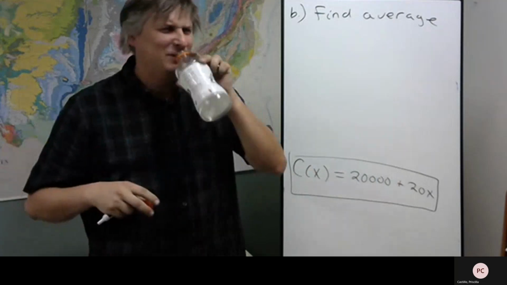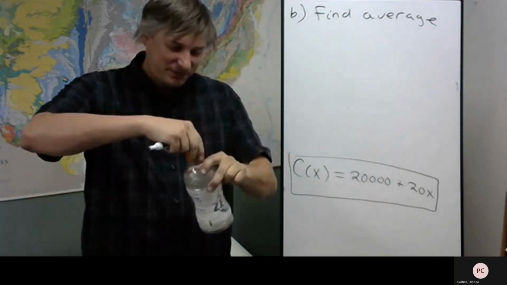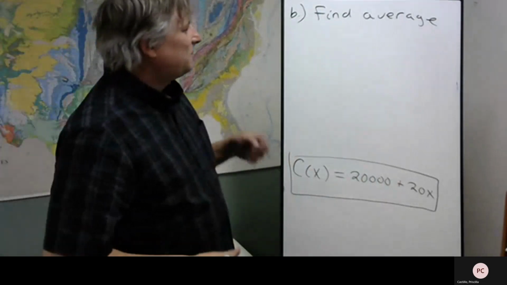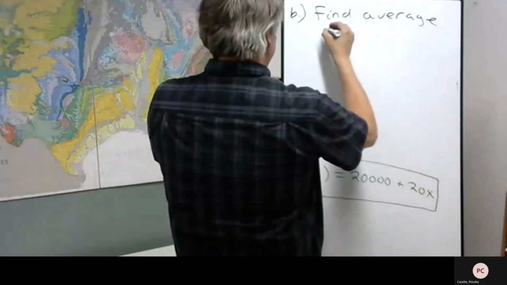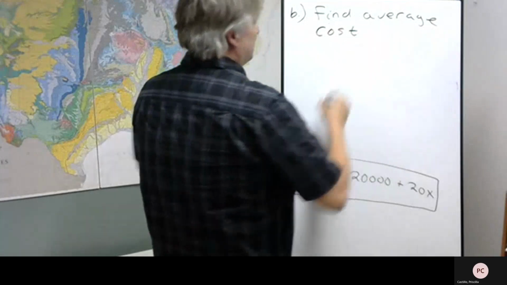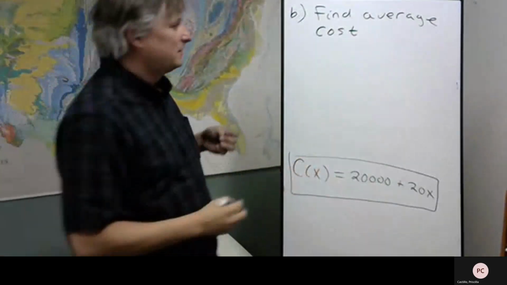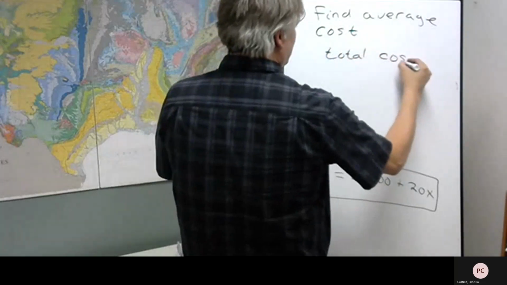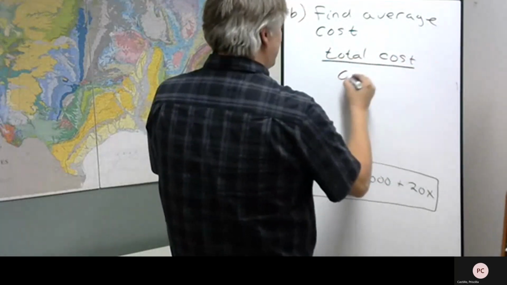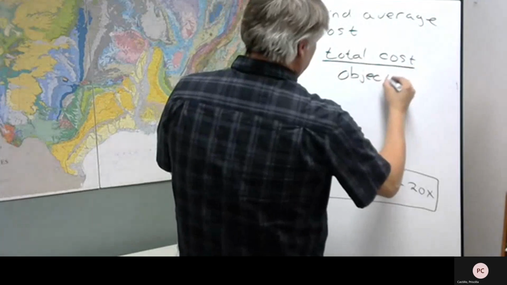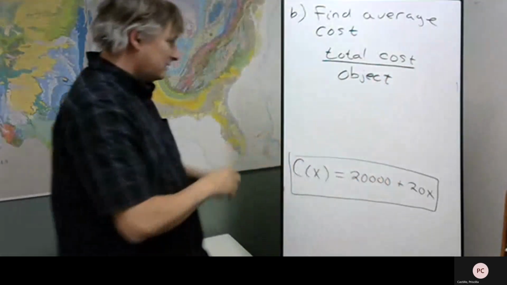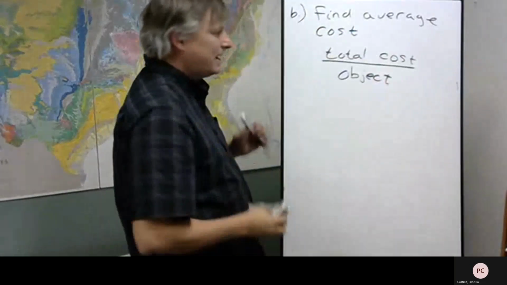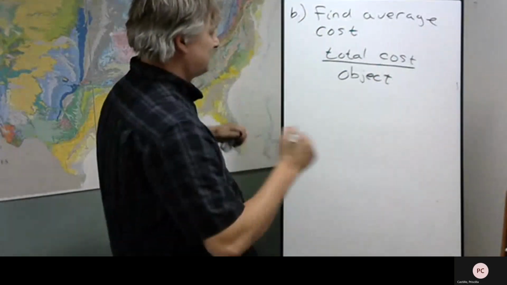All right. So find the average cost. Now, average cost, this is total cost per object. So what we do is we take the total cost and we divide by the number of objects.